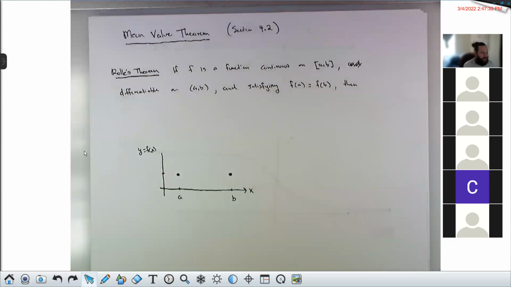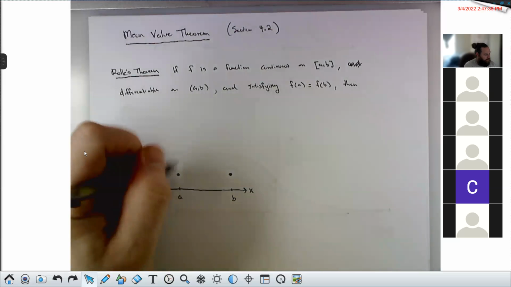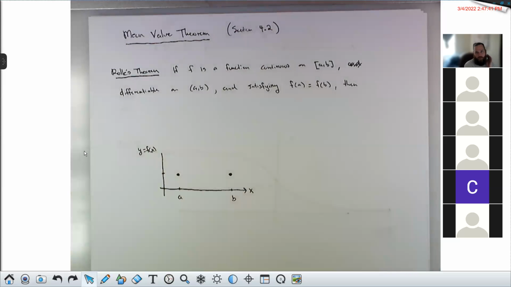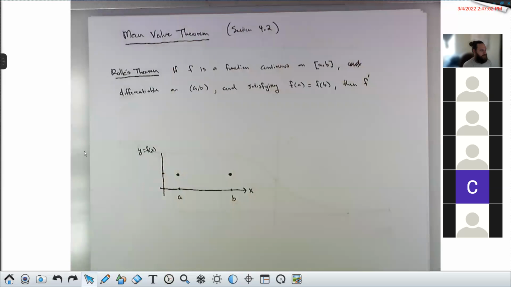Now, imagine you try to connect these 2 points with a smooth curve in any possible way. What can you tell me about the derivative? Think about all the possible ways you could connect these 2 points. All of those graphs have something in common.